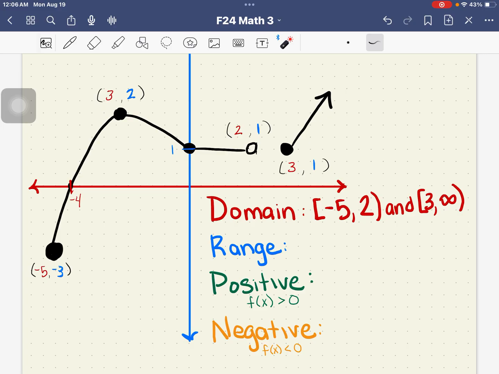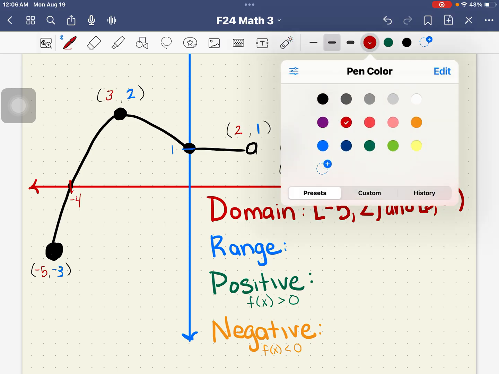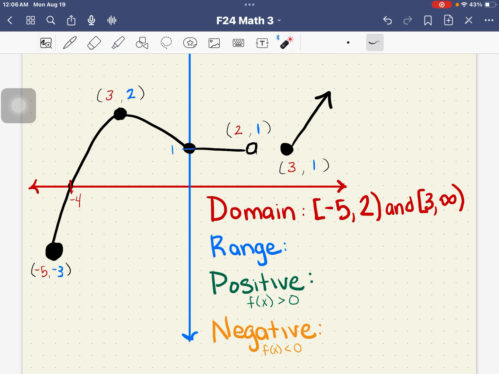All right, so with the range, remember we read range from the bottom to the top. So when we look at the lowest point, which is right here, range is your y value, so we're looking at the -3. It is a closed circle there, so we're going to bracket -3. And then it keeps going up from there.